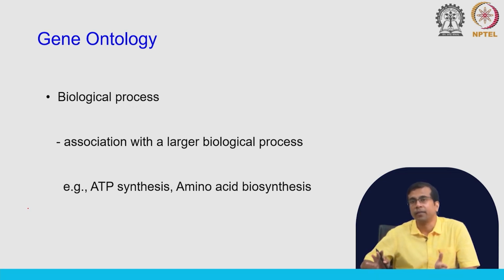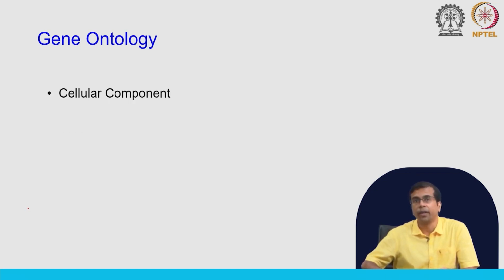So, these actually associate a gene with a larger biological process, and again depending on your requirement, depending on your analysis, whether you are interested in the actual molecular function or you are looking at the larger biological picture, depending on that you will choose the type of sub ontology. Okay. And the last one is the cellular component, right.